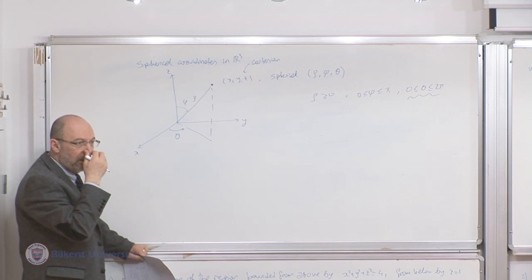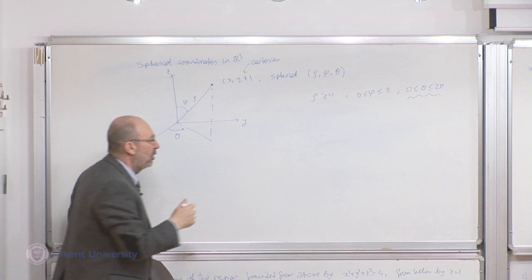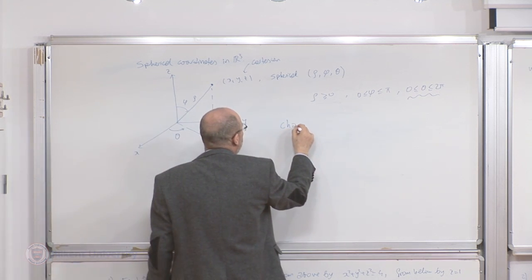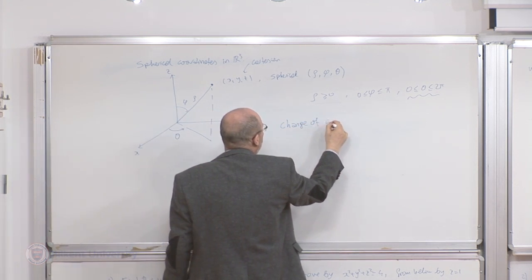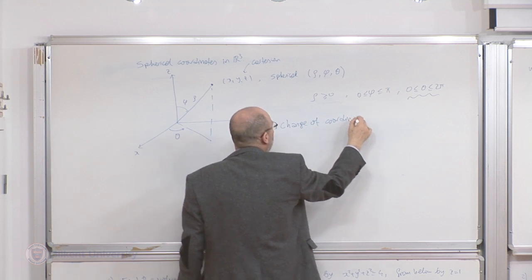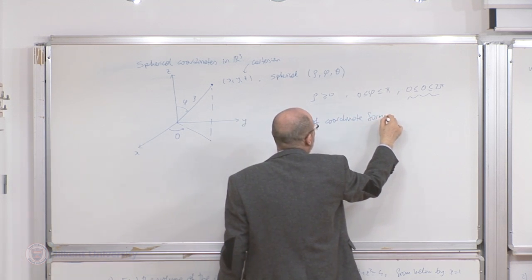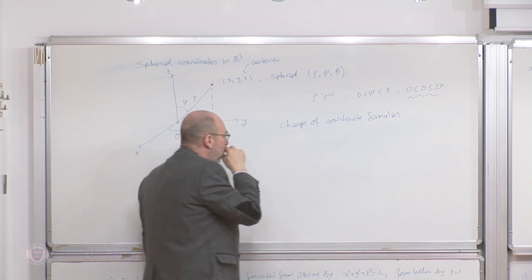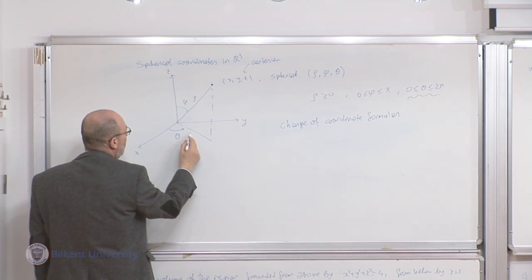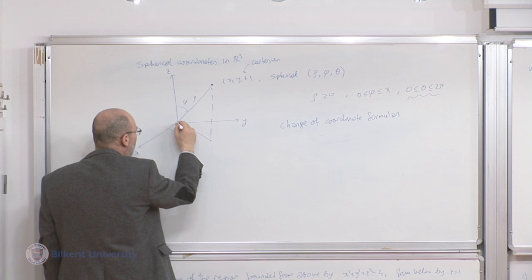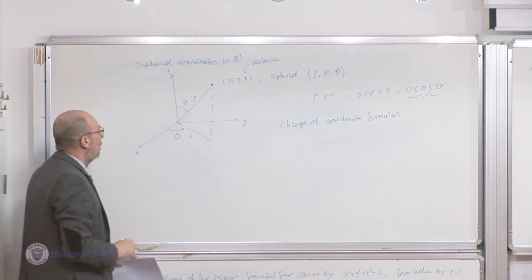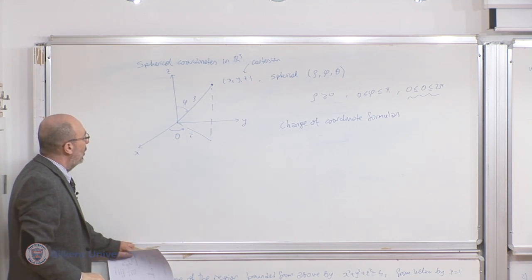So what are the transition functions, the change of coordinate formulas? Let us call this distance r. What is r related to x?